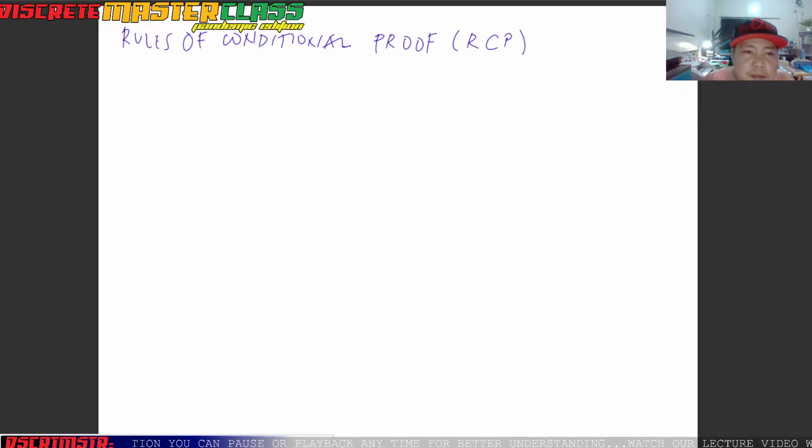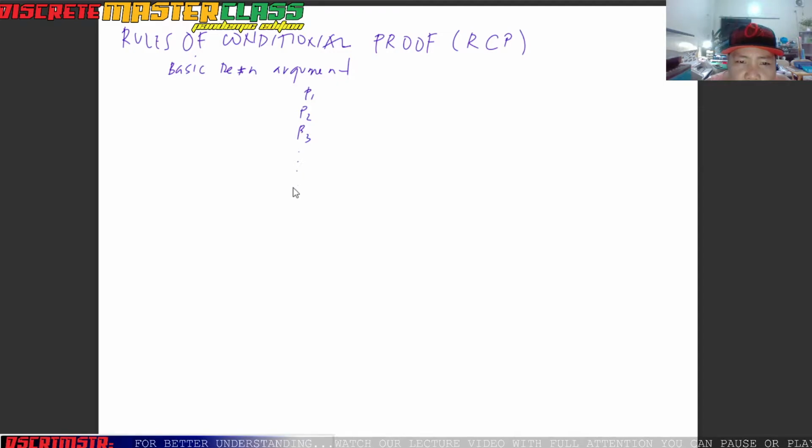Okay, going back, basic definition. I hope naalala mo pa, basic definition ng argument. An argument is written in the form of P1, P2, P3, up to Pn, therefore Q. Ang tawag diyan argument form.